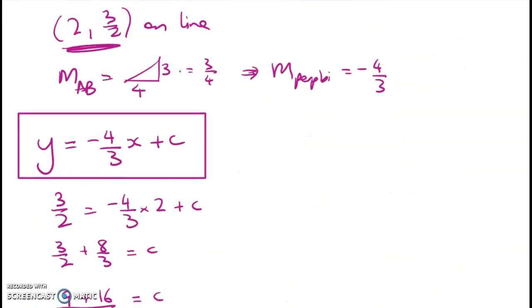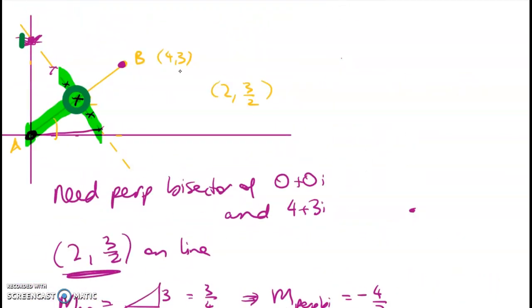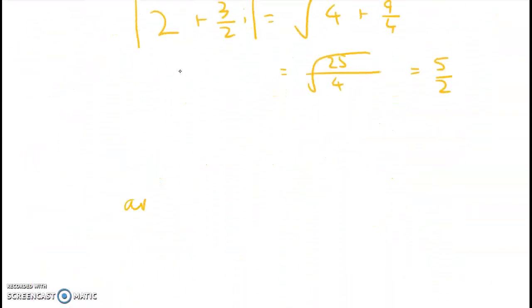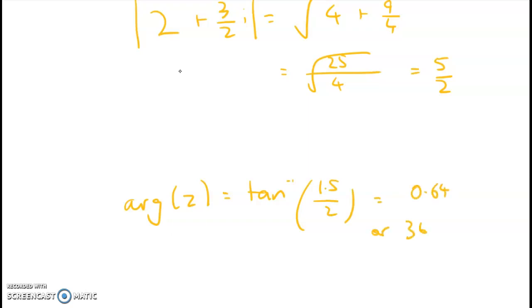And the angle from here to here, we're in the first quadrant, so it's just tan inverse of 1.5 over 2, which is 0.64, or 36 point, I think we were asked to go to 2 decimal places, so 36.87 degrees to 2 dp.